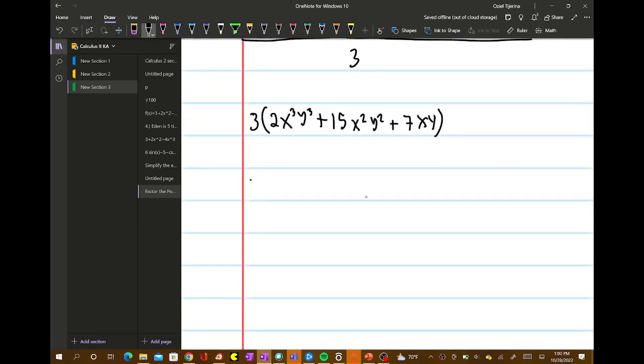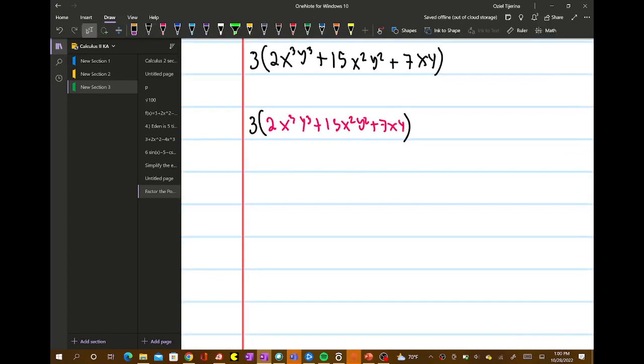So then you would have 2x cubed y cubed plus 15x squared y squared plus 7xy. Now obviously we have an x and a y term, so we can take that out.